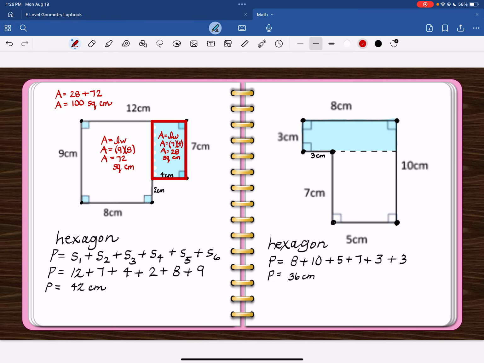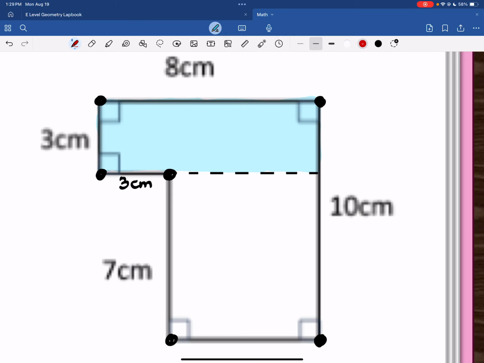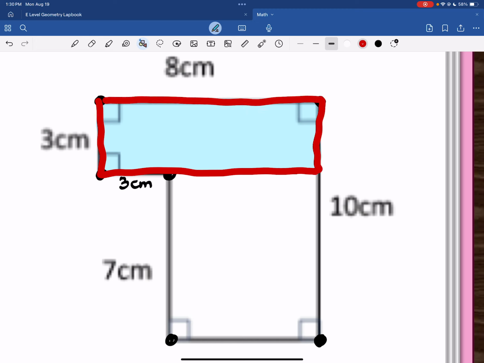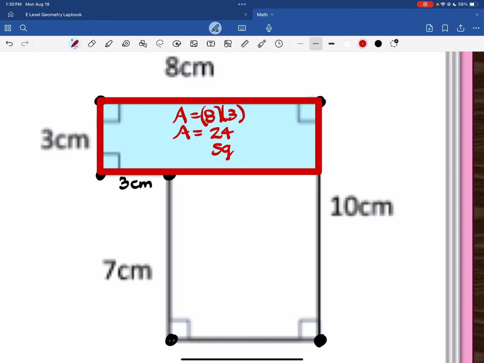All right, this one. Let's mark off this piece, if it will let me and not make it warped. There we go. So the area for this piece is 8 by 3. That's 24 square units, in this case centimeters.